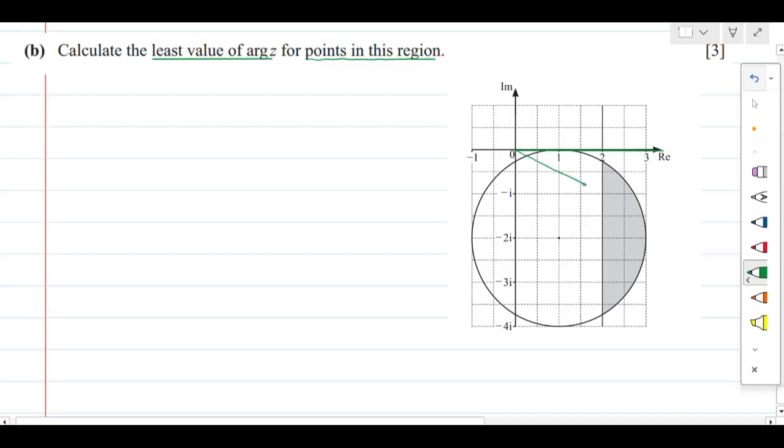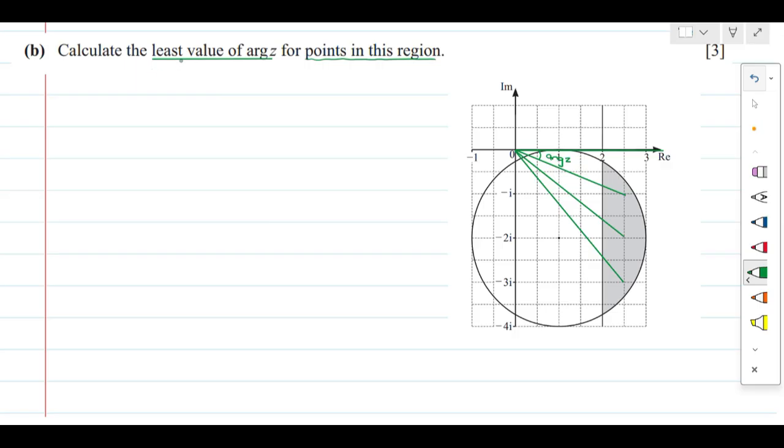So the angle between the positive real axis to any of the points in the shaded region. So we can take this point in the shaded region. This angle is your argument of z, right? Or you can take this point as well. Yes, this point, or you can take this point, right?